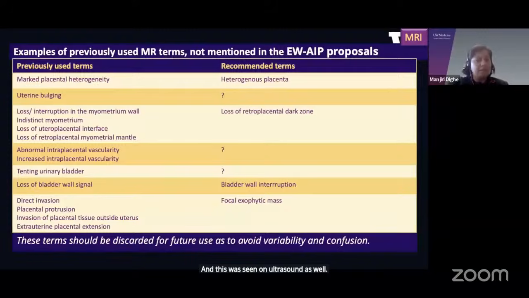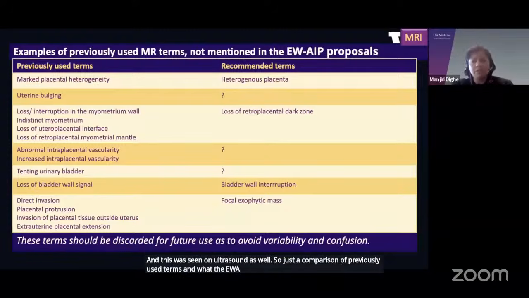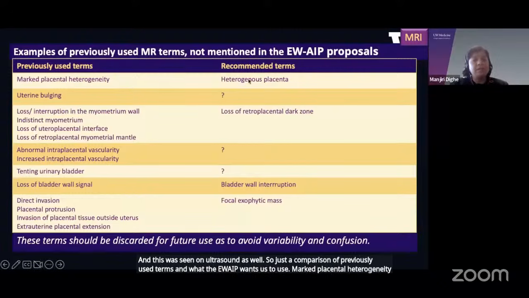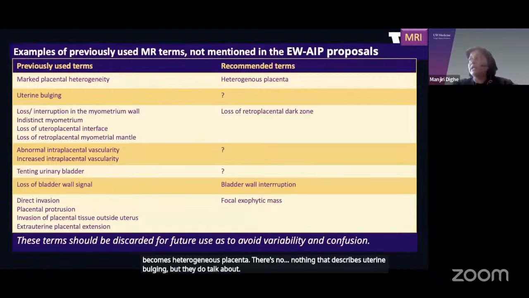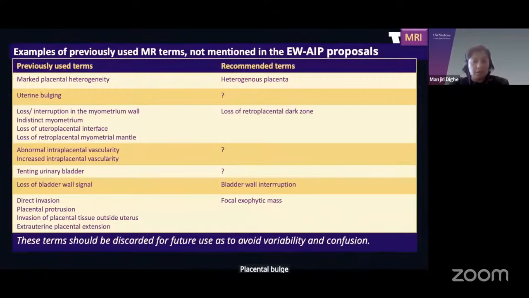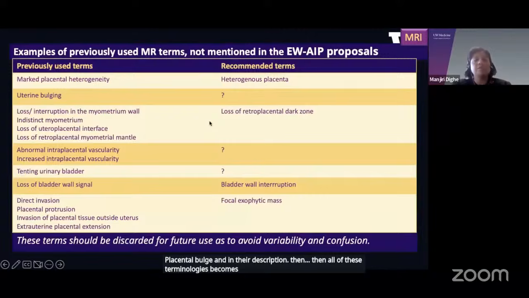So just a comparison of previously used terms and what the EWAIP wants us to use. Marked placental heterogeneity becomes heterogeneous placenta. There's nothing that describes uterine bulging, but they do talk about placental bulge in their description. Then all of these terminologies become loss of retroplacental dark zone.